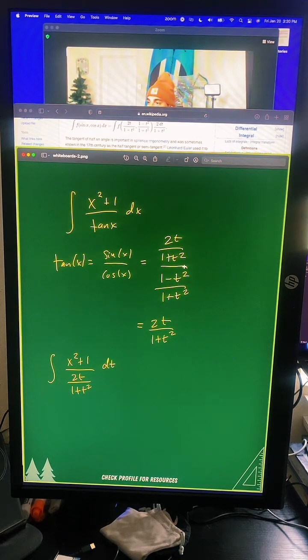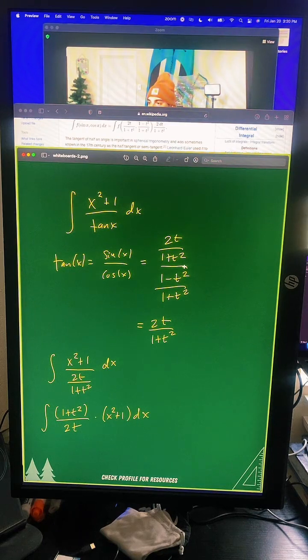So we definitely have to fix that. Do you guys see where I'm headed? Let me rewrite that. That's 1 plus t squared over 2t times x squared plus 1 dt, but we still need dx, I'm sorry, not dt. You guys see how complicated that will get?